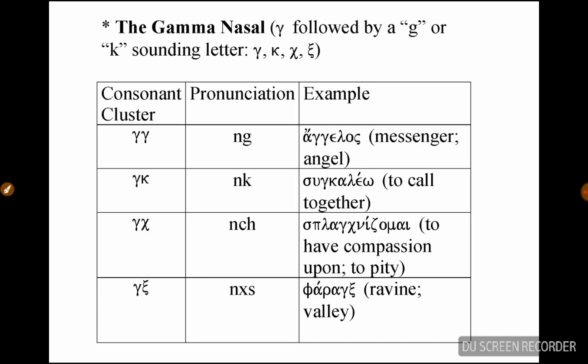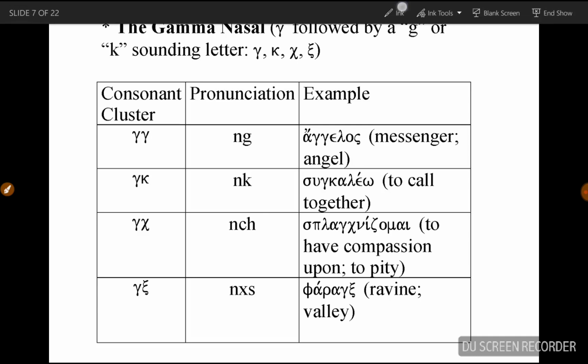When you have a velar sound, let me write this out here. So if you have a velar sound, that's a sound like a K as in K or a G as in G. So if you look at gamma, kappa, chi, and ksi, those are all what we call velar sounds.